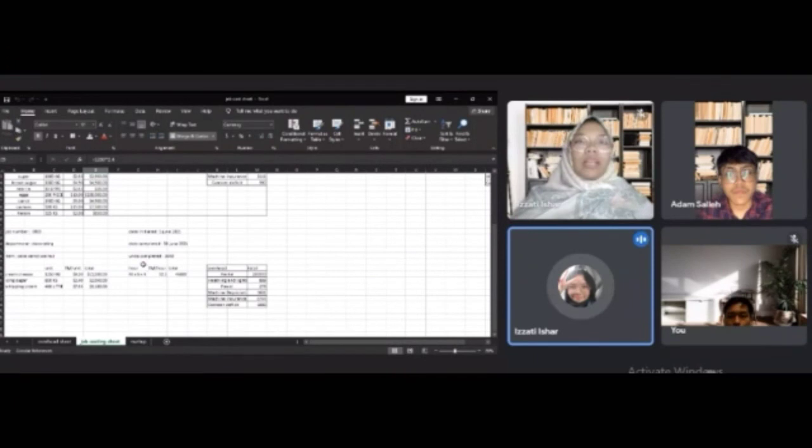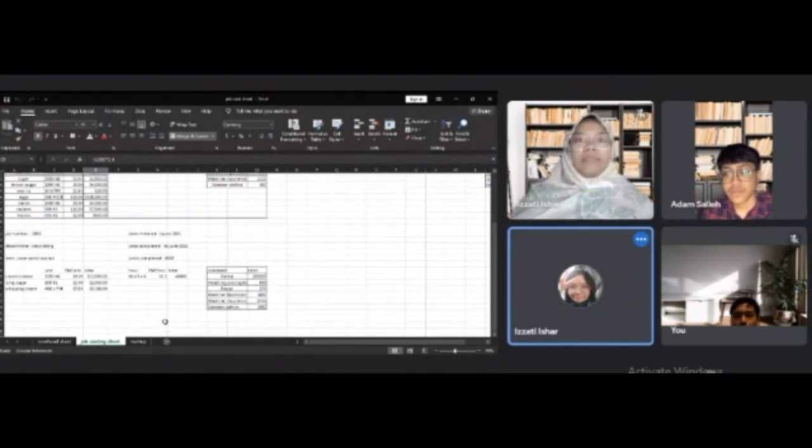For the direct labor, they have the same 40 hours per week. They have a few more workers, and they also work for 4 weeks. Their basic wage is also the same as baking and mixing, which is 32 ringgit and 50 cents, and the total is 46,800. For overhead cost, they also take it from the overhead sheet that has already been calculated.